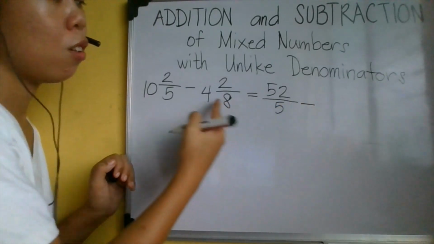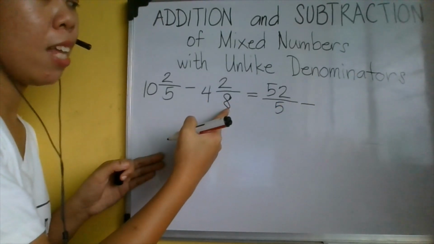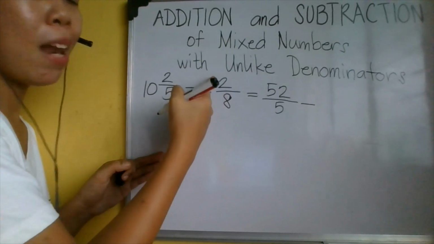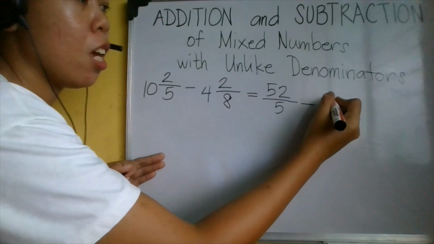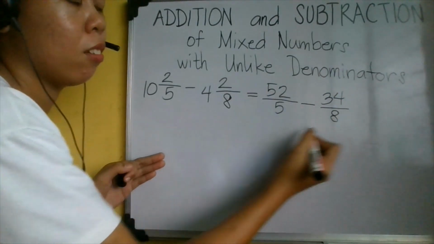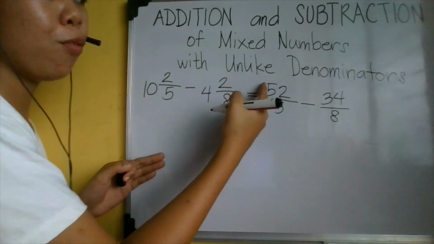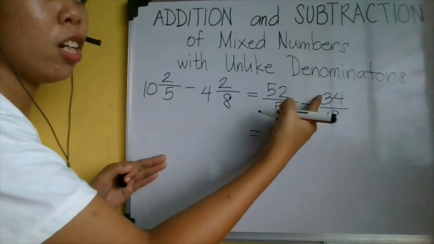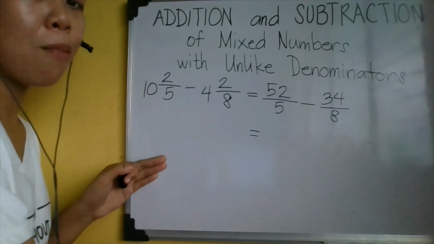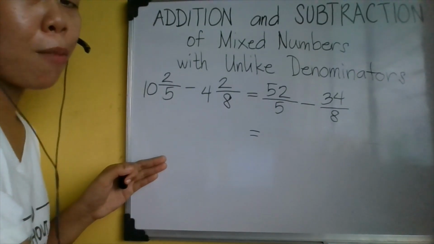Minus 4 times 8, we have 32 plus 2, we have 34 over 8. So 52 over 5 and 34 over 8 are dissimilar fractions. At the same time, they are now improper fractions.